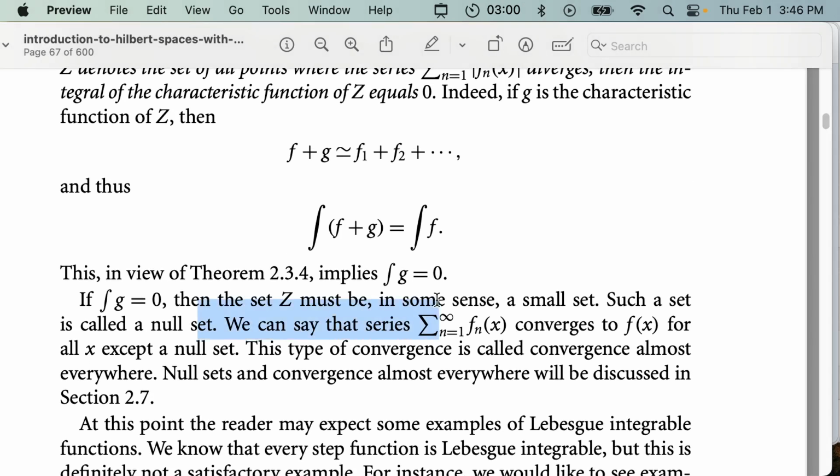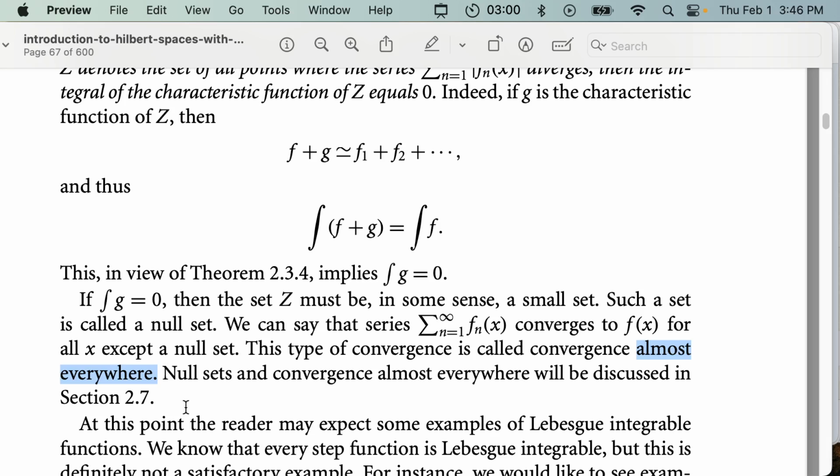So the set Z must be in some sense a small set. Such a set is called a null set. A null set means it has probability 0, or it has measure, the integral of that set is 0. We can say that the series, this sum, converges to f for all x except a null set. This type of convergence is called convergence almost everywhere. Right?